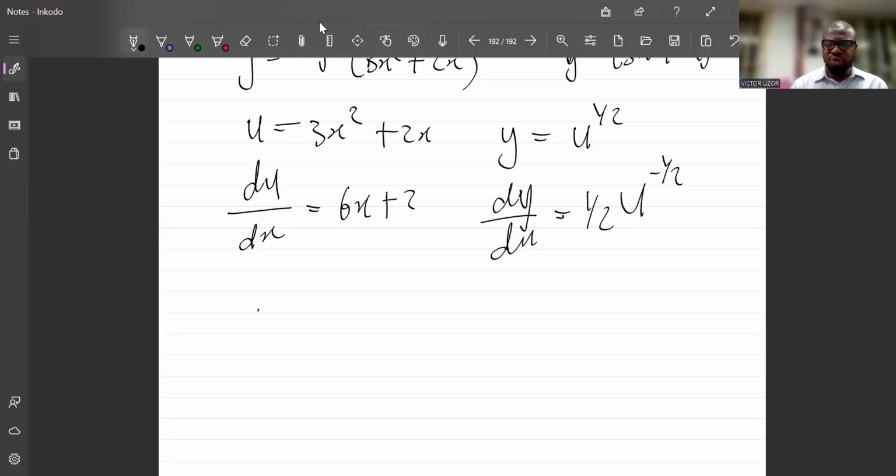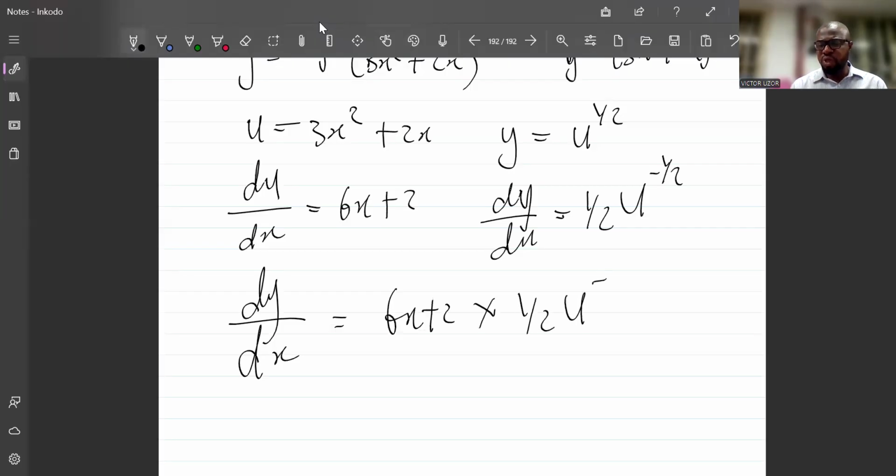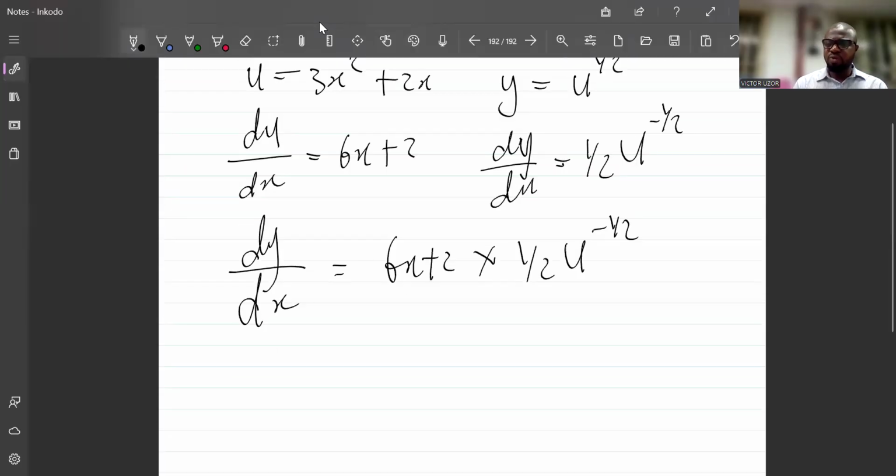So now, following the formula, dy over dx is 6x plus 2 multiplied by 1 over 2u raised to power half. So our answer will be 6x plus 2 all over 2u raised to power half, because of the law of indices.